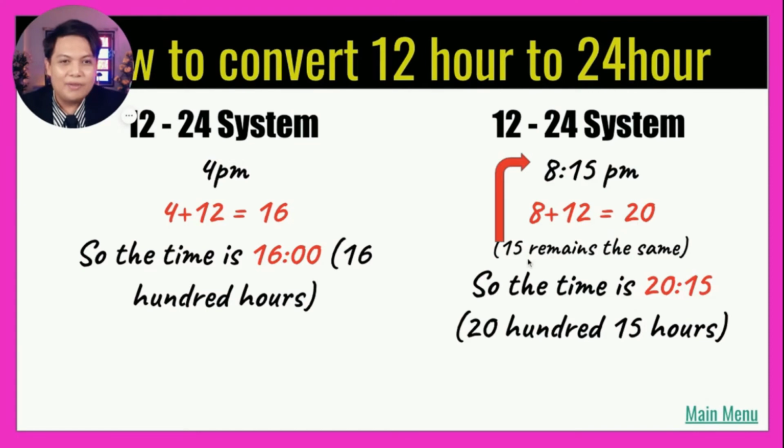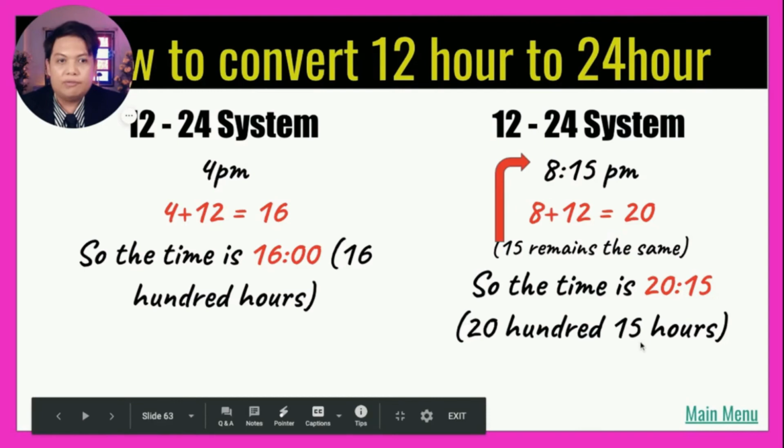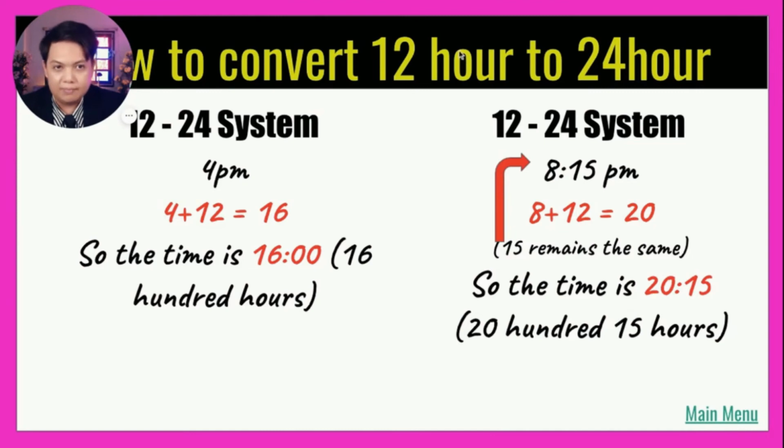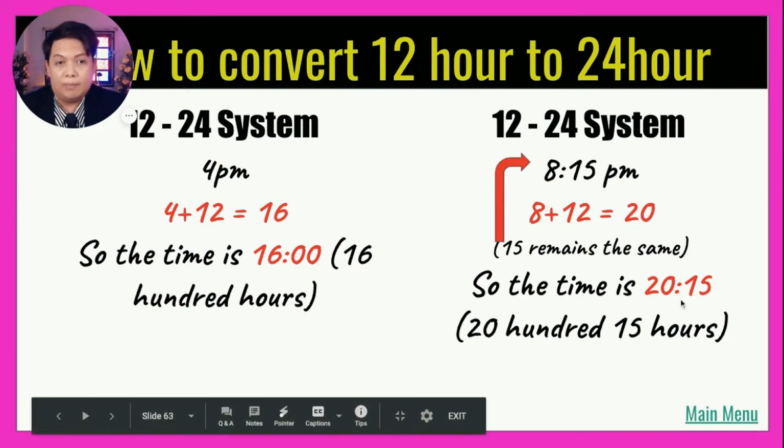The 15 remains the same; you don't have to touch it. So the time is 2015 hours. Again, 8:15 in the 12-hour clock system becomes 2015 hours in the 24-hour clock system. So far, so good?